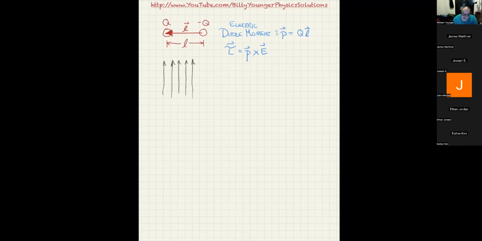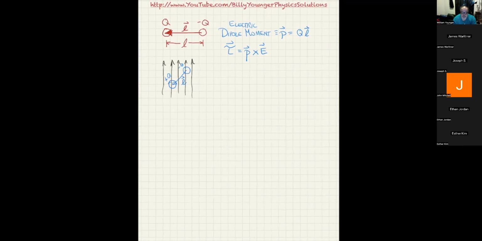Let me now draw a dipole moment. This is going to be plus Q. And this is going to be minus Q. And this vector right here is going to be the L vector. Okay. Now, what you'd see is that this electric field is going to tend to cause this positive point charge to go this way, right?